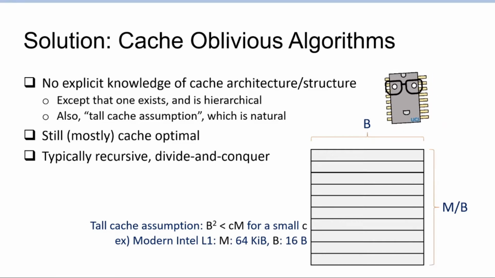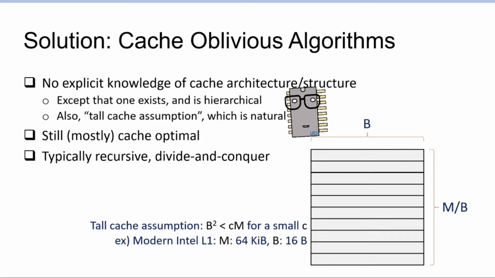The only requirement, and often even this is not true, is that a cache does exist. The system does have a cache, and it consists of a hierarchy of memory, with faster memory as they get smaller. You can pretty much expect this to be true in most reasonable machines.